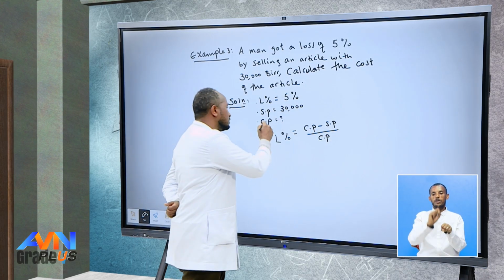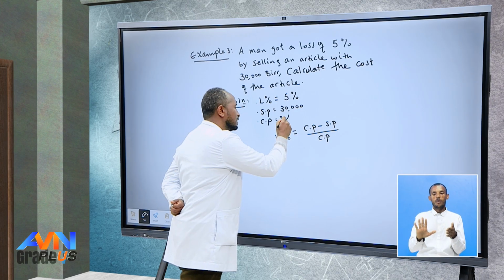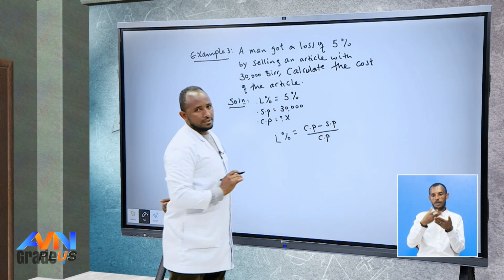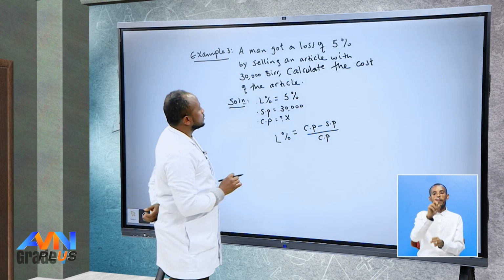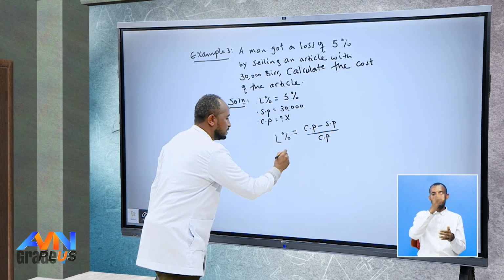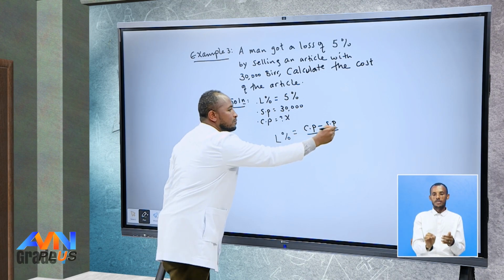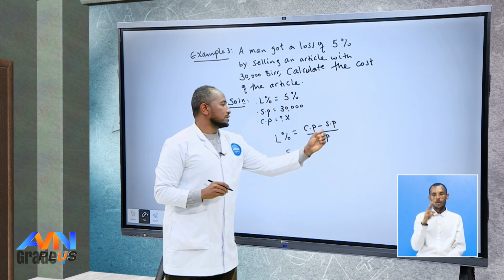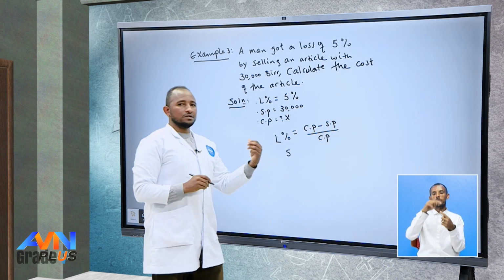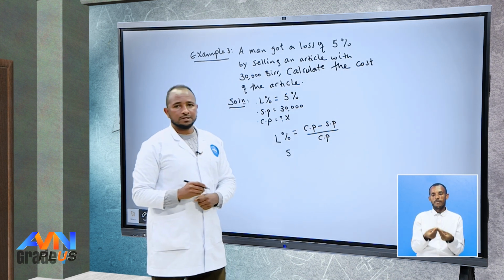So here we don't know the cost price. Let's use a variable x and let's try to find this. So the loss percent is 5%, given here. No need of multiplying by 100% here because we are not changing this into percent. Since the loss percent is given, don't use 100% here.